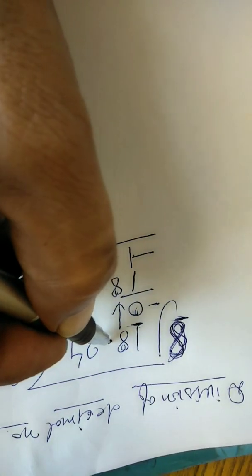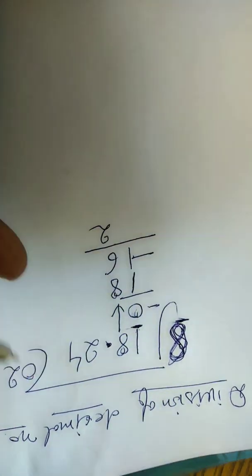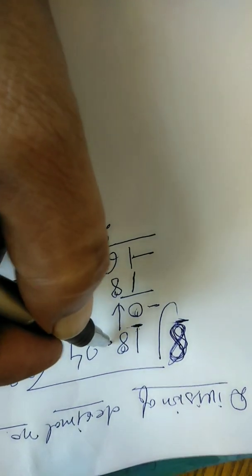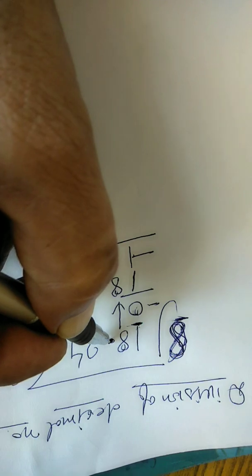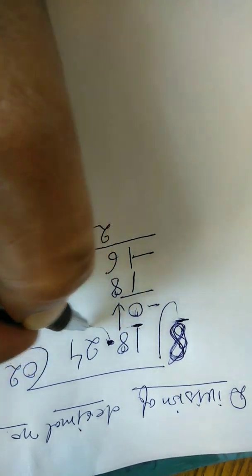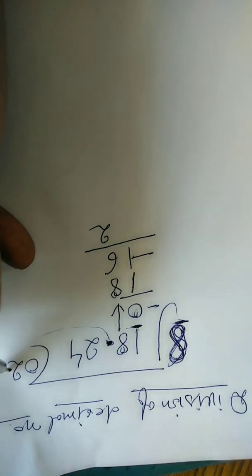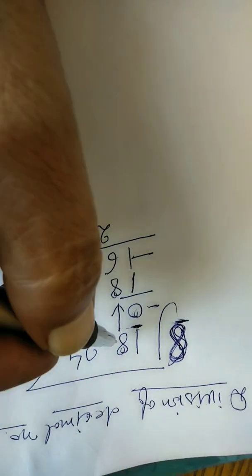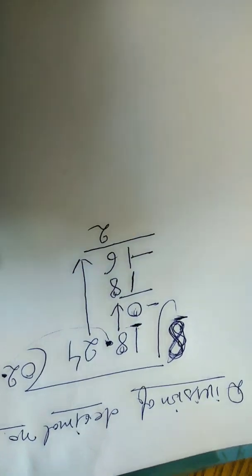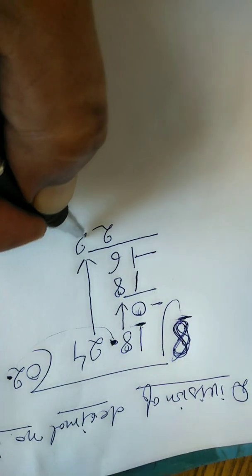Now after that the next step is that it is the turn of the decimal. So what you will do, you will take this decimal here. Now the decimal is over. After that you will bring down the next digit 2.